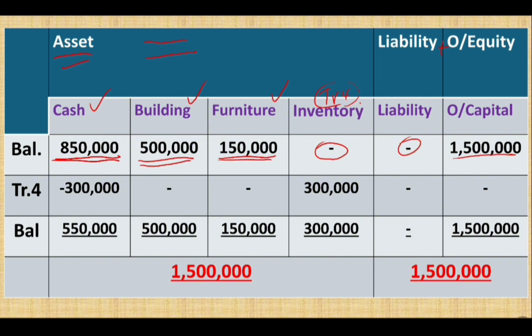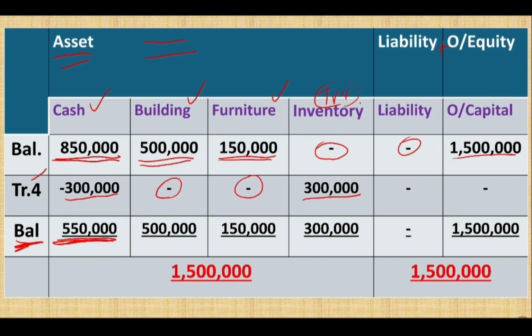During transaction 4 there was a purchase of t-shirts that cost us 300,000 in cash. So cash is paid, so we expect cash to decrease by 300,000. So the balance of cash after transaction 4 is 550,000.